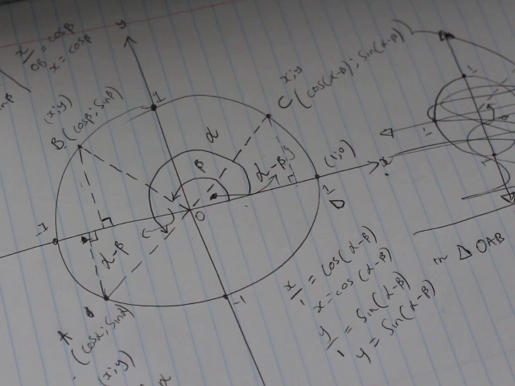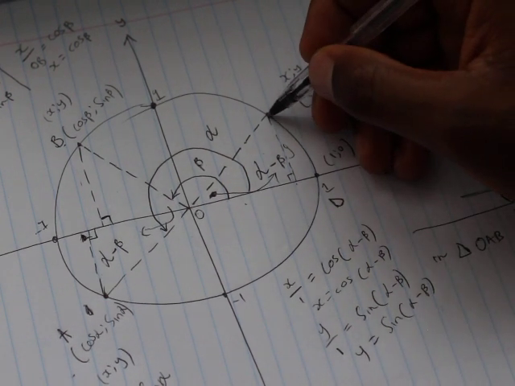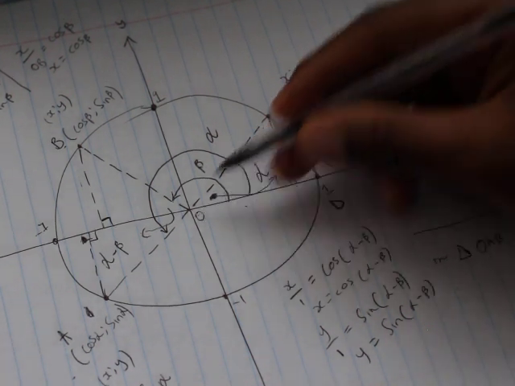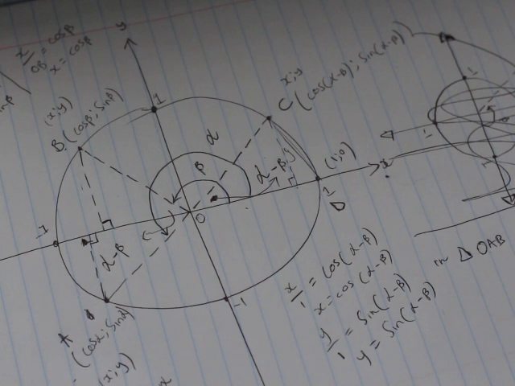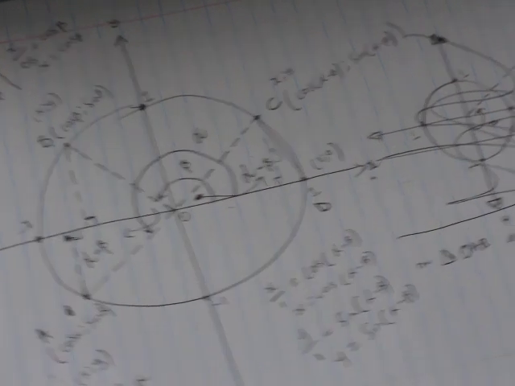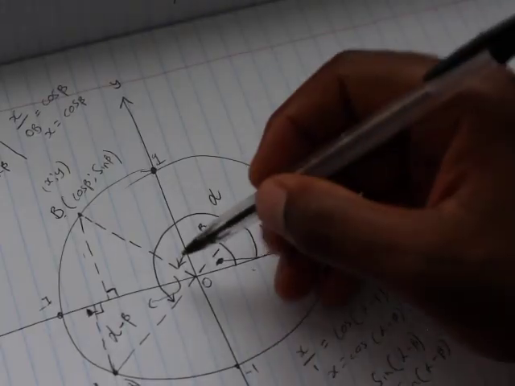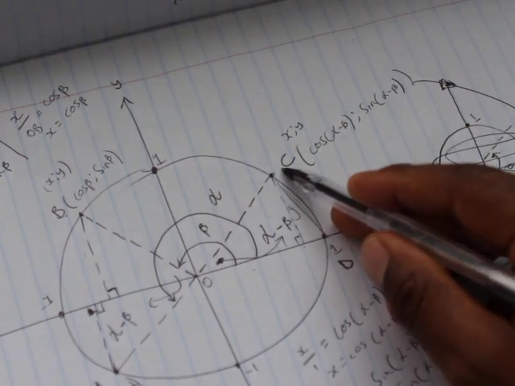Let's just say it's DOC. So if you check, yeah, because we're talking about this one this time around, this triangle DOC. If you check in these triangles, OB is actually equal to OC. Do you understand?